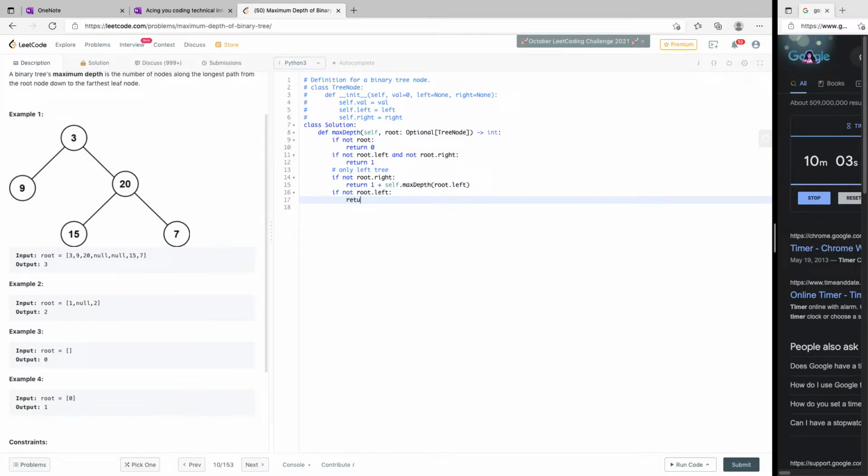We return the same thing, because by the time we get to this stage we at least have one node. So 1 plus we recursively call max depth on root.right.